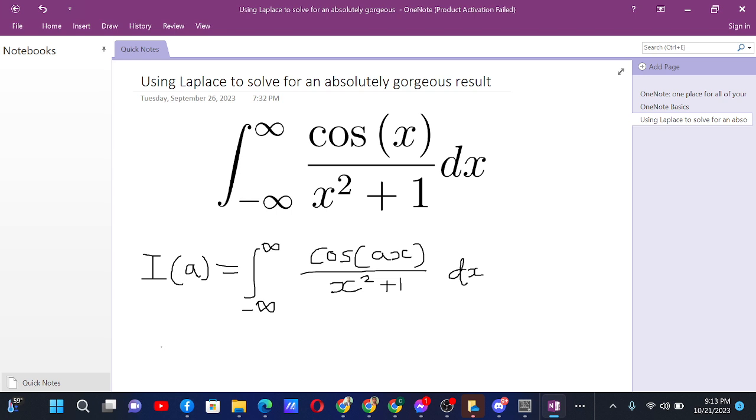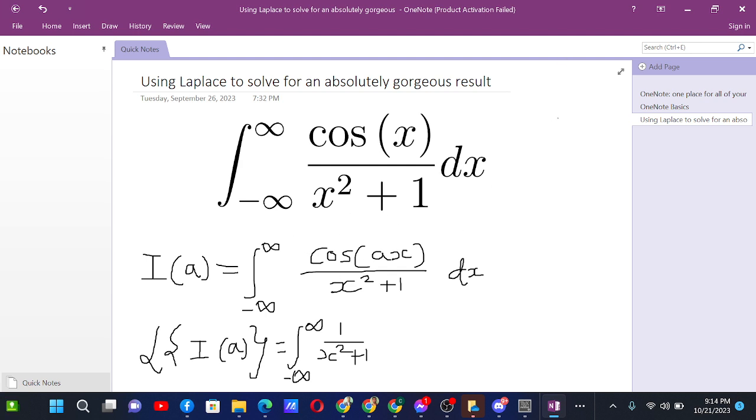If we perform a Laplace transform in the world of a, a will be treated as the variable and x will be constant. Since these limits are also in the world of x, this will not matter to us. The 1 by x squared plus 1 will also be a constant for us. And we need to take the Laplace transform of cos ax.